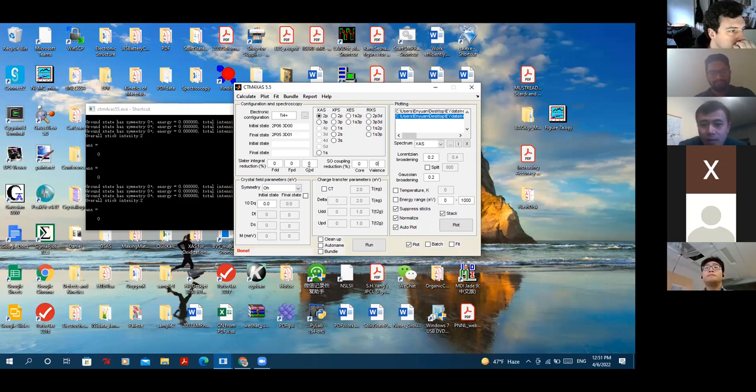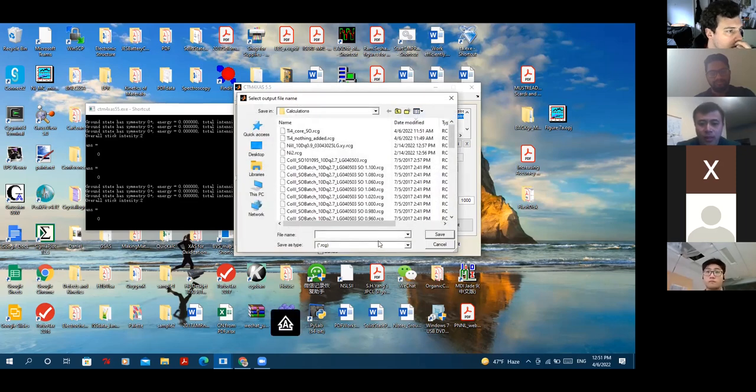Bear in mind, every parameter is 0. We just simply mute all the contributions. We simply consider this multi-electron system. Let's do the calculation. Run titanium 4, let's say nothing, and go.